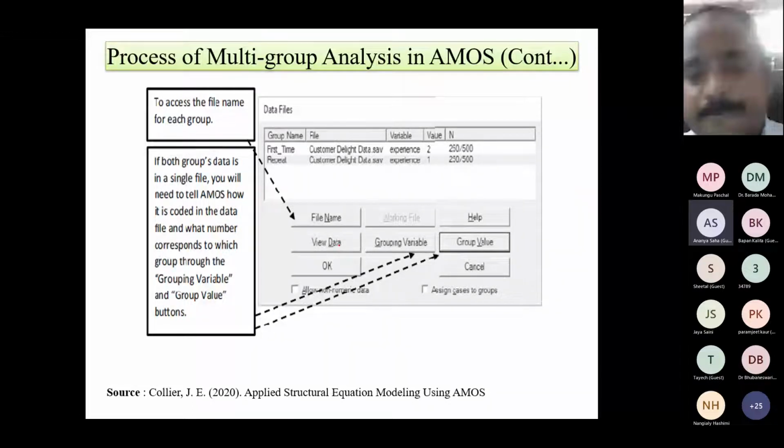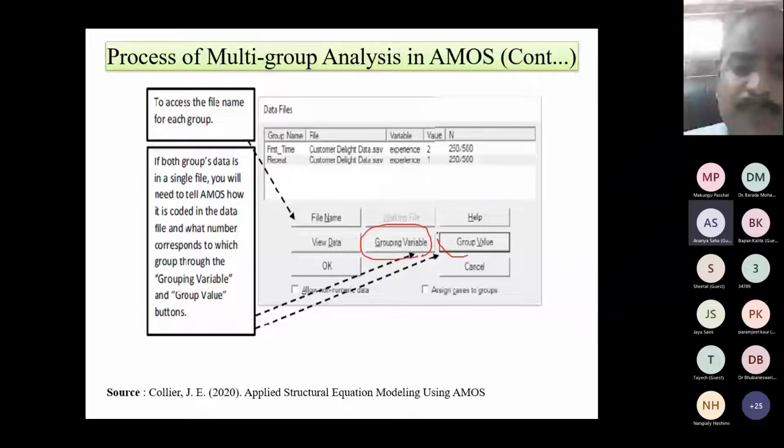This is the way we will give the input to AMOS: these are the two groups with the two separate values or labels that we are going to test for invariance.